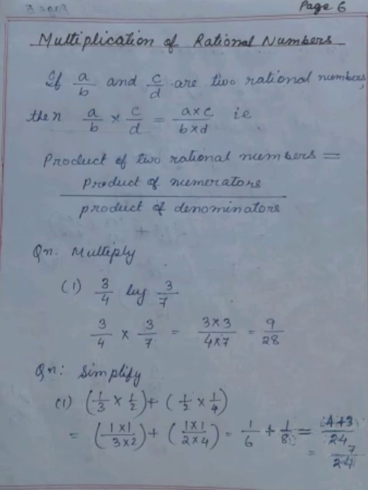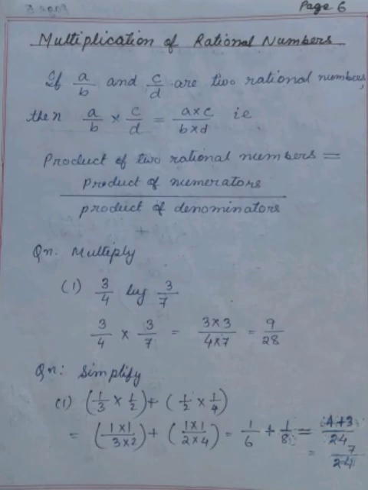Inside the brackets, 1 by 3 into 1 half and half into 1 by 4. We get the product as 1 by 6 plus 1 by 8. Now we find the LCM of 6 and 8. It is 24. And if we add, the answer we get is 7 by 24.